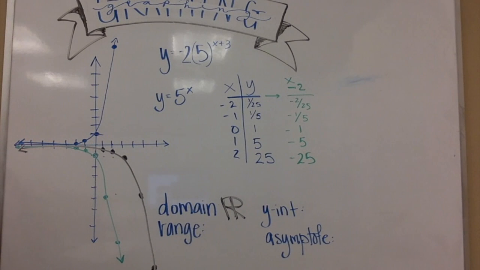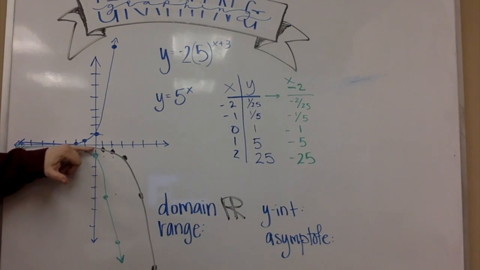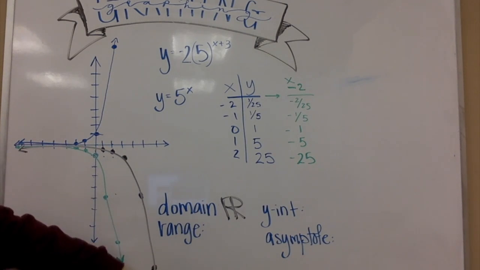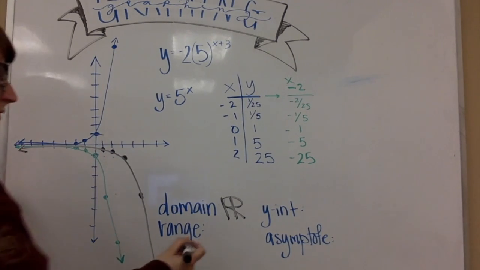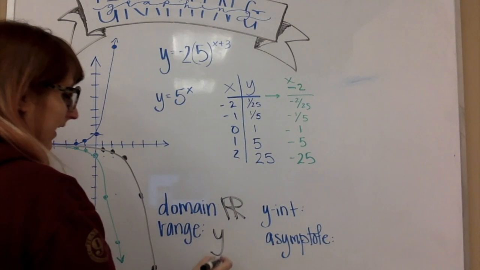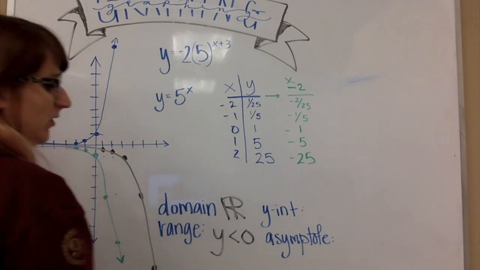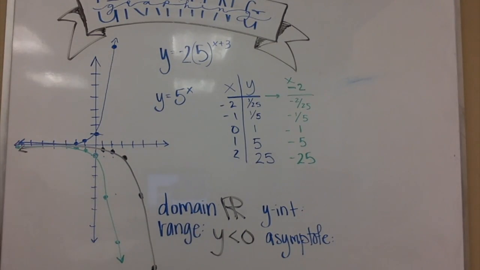Now my range, I'm not going past 0 here. I'm going all the way down. So everything below 0 is fair game, but nothing above 0. So for my range, I'm going to write y is less than 0. The reason why I'm saying it's less than 0 is because it's never going to actually reach 0.